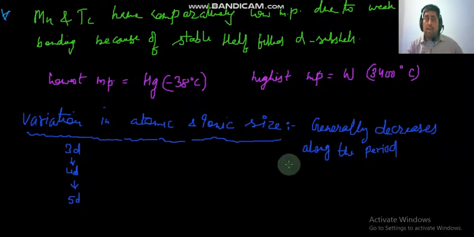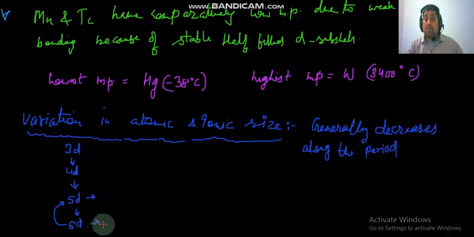And further, when we move from the 5D to the 6D series, the curve of their size is almost superimposed on the curve of the size of the 5D series.